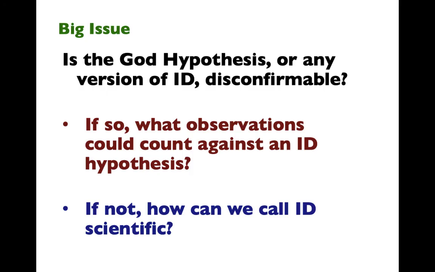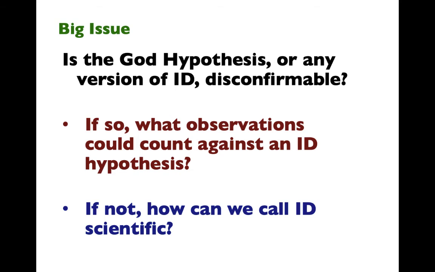So this is the big issue. Is the God hypothesis or any version of ID disconfirmable? If so, what observations could count against an ID hypothesis? For instance, we might expect that serious design flaws in the production of any intelligent designer would count against the intelligence of the designer, the necessity of the designer, when the alternative theory explains the amazing complexity plus its imperfections, its otherwise flawed designs, if you were planning them in advance.